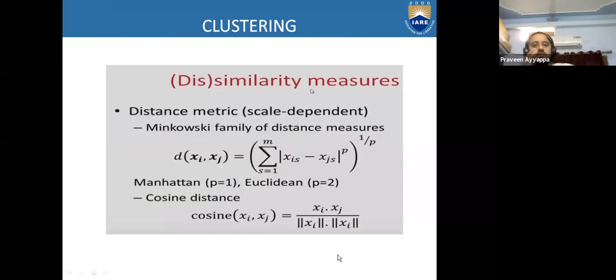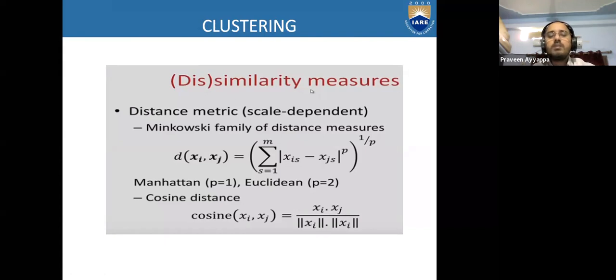So this is the dissimilarity measure. Distance metrics are scale dependent. In the Minkowski family of distance measures, d of xi comma xj, the distance between the objects xi and xj, is calculated by means of the sum over s equal to 1 to m, of the absolute value of xis minus xjs to the power of p, the whole to the power of 1 by p.